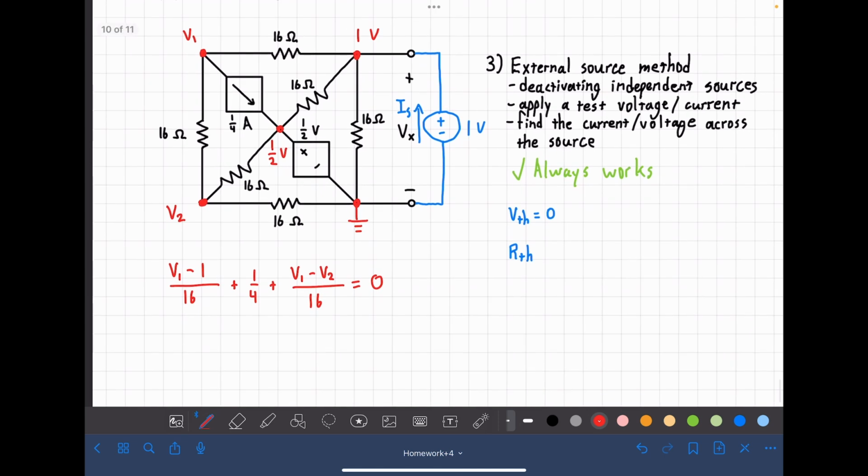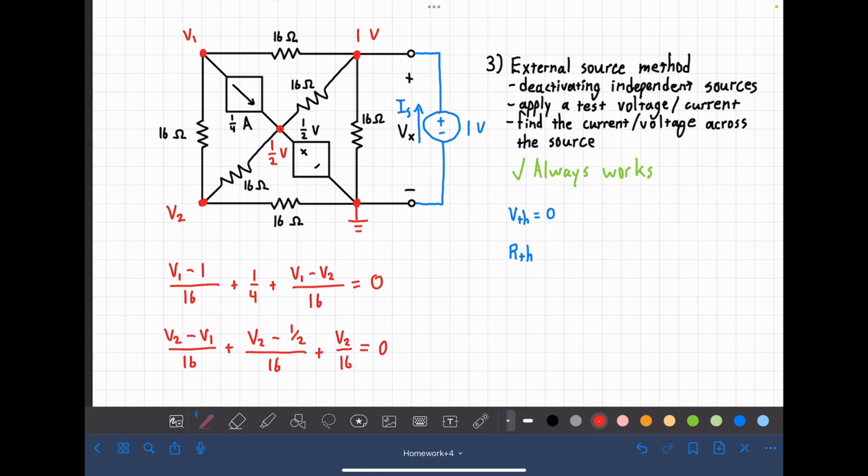For V2, we'll go V2 minus V1 over 16 plus V2 minus 1/2, because it's going to that center node, divide by 16. And finally, V2 minus 0 over 16, because it's also going to ground.